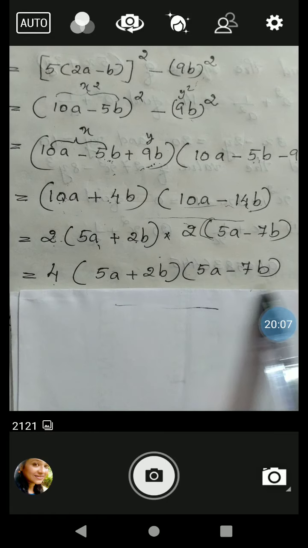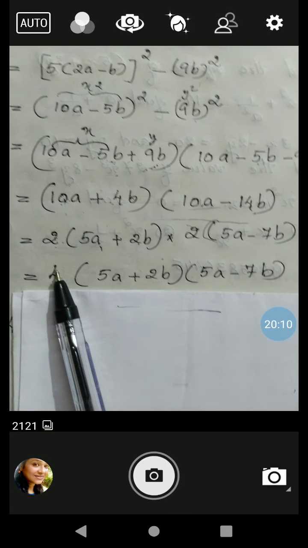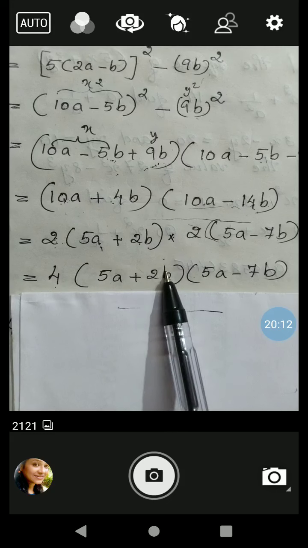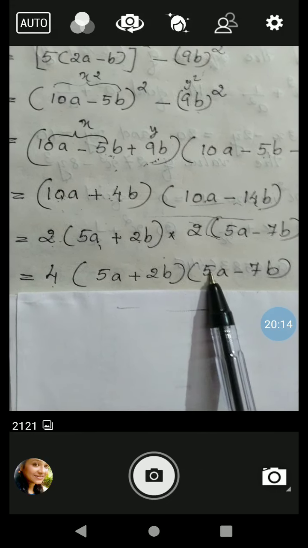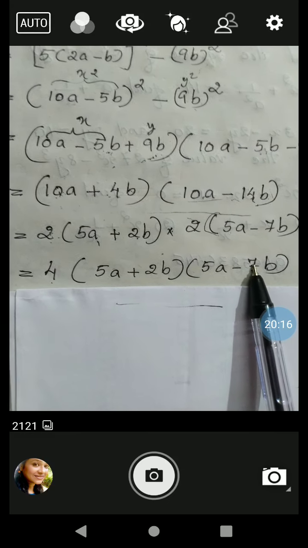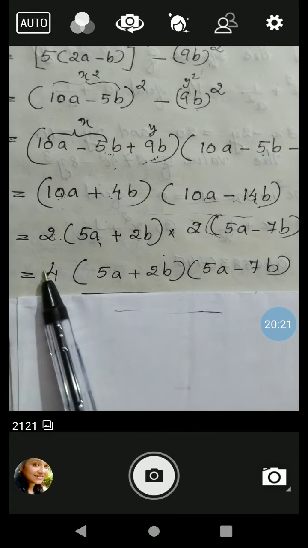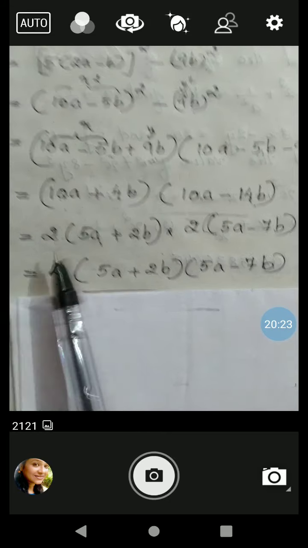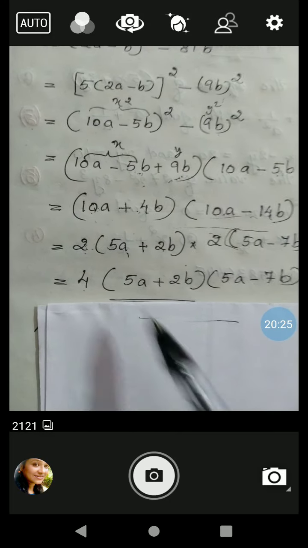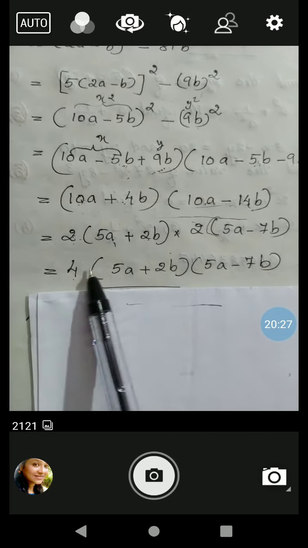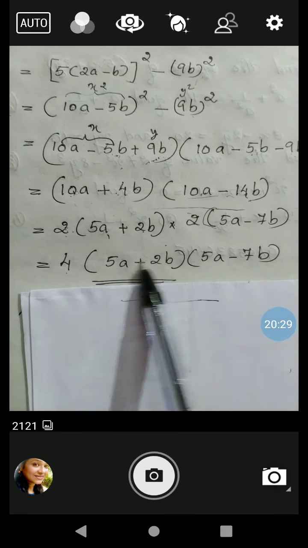So these are the factors. 4 is a factor. 5a plus 2b is a factor. 5a minus 7b is a factor. Actually 2 is also a factor. Look here. In 4, 4 can be written as 2 into 2. Therefore, we can write the final answer in this way.